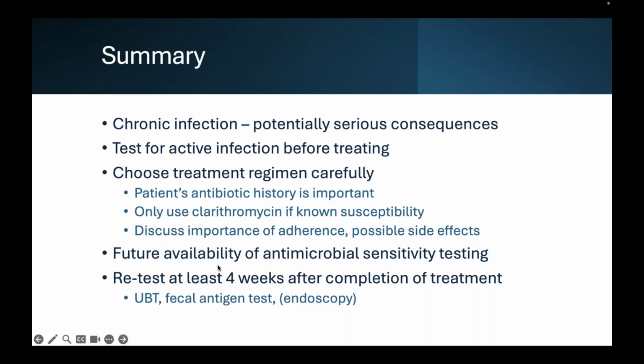There's a lot of information from the Native Alaskan population about the high prevalence of H. pylori infection. Not so much off the top of my head, Steve may correct me here, but not so much off the top of my head with the Native American population in the lower 48.